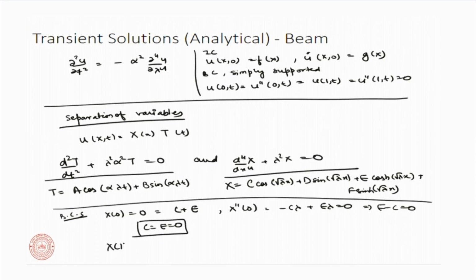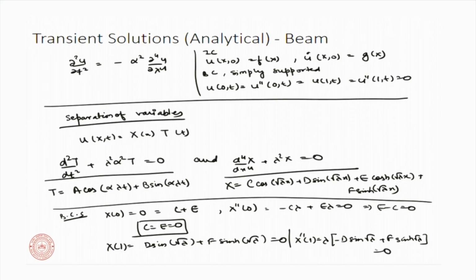Then for the second case, x of 1, we can find that is d sin root lambda plus f sin hyperbolic of root lambda equals to 0, and x double prime of 1 is lambda times minus d sin root lambda plus f sin hyperbolic of root lambda equals 0.